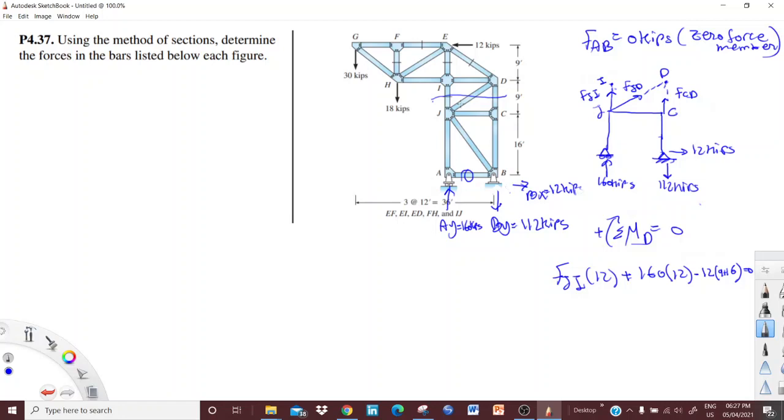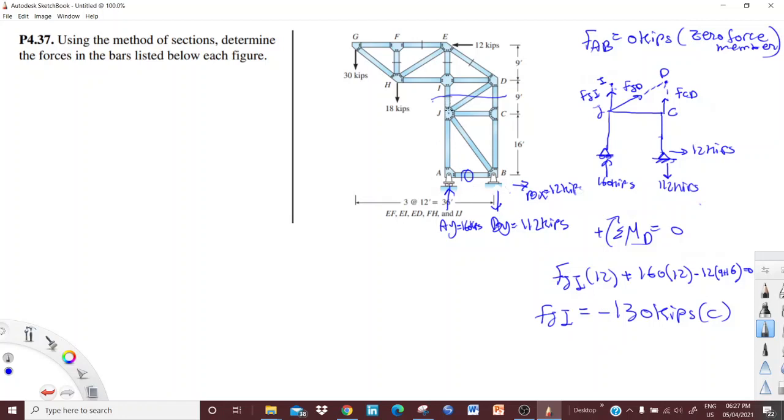12 minus 12 times 9 plus 16. So FJI is going to be equal to minus 130 kips, compression.